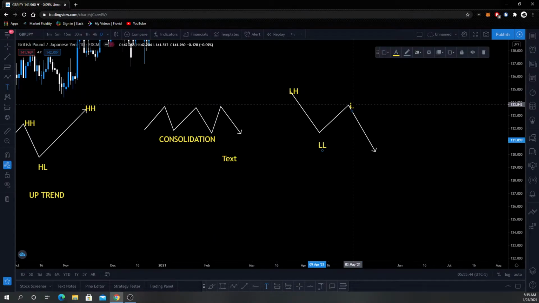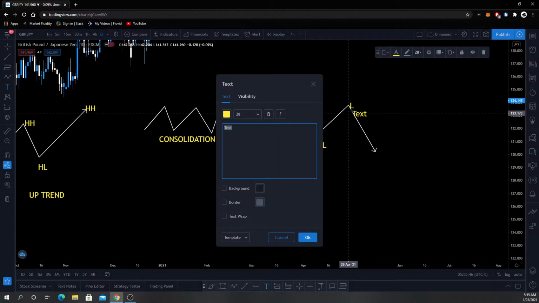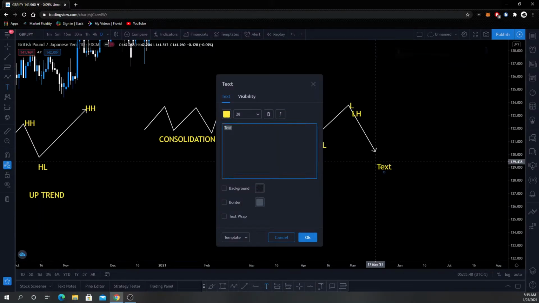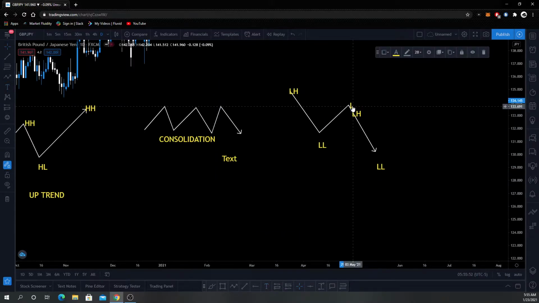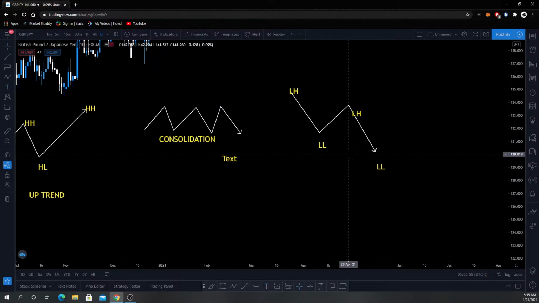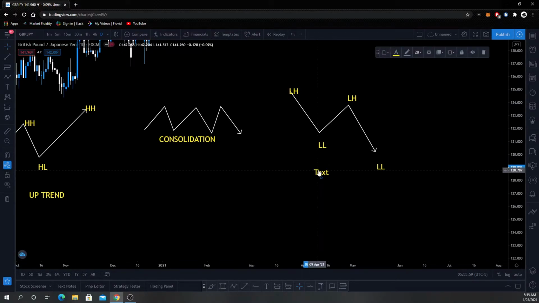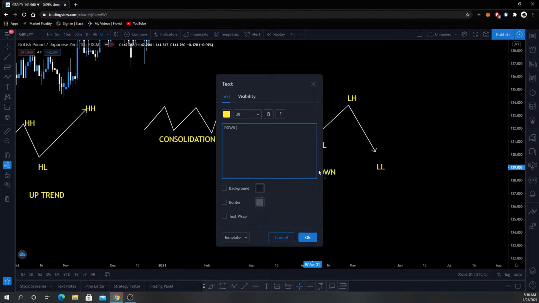After this lower low, we'll have this lower high, then another lower low. So let's get rid of this. These are the three phases: uptrend, consolidation, downtrend.